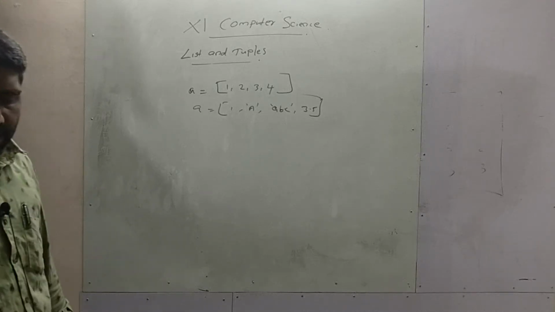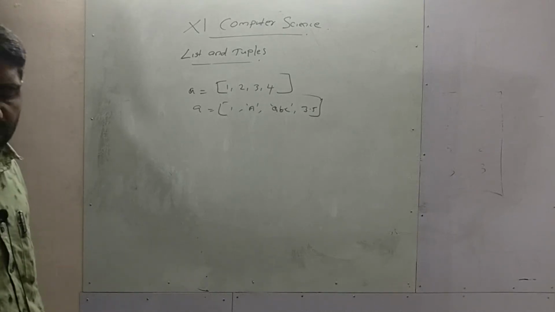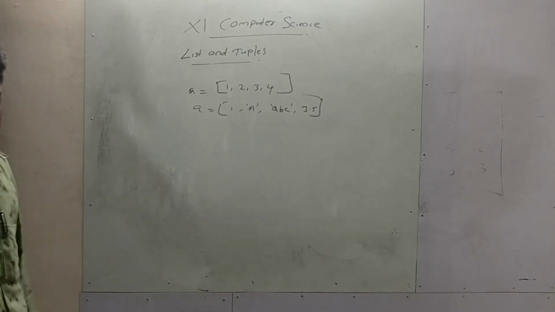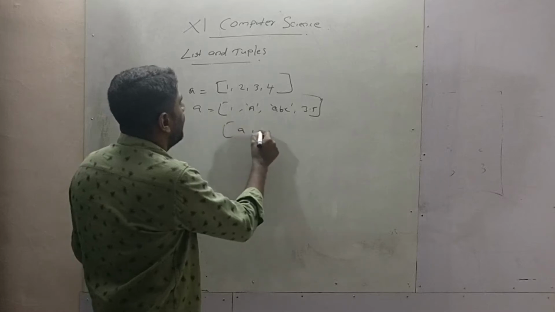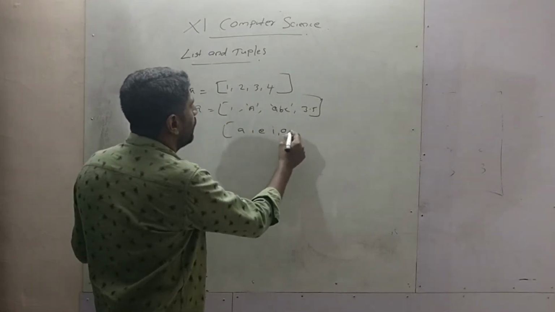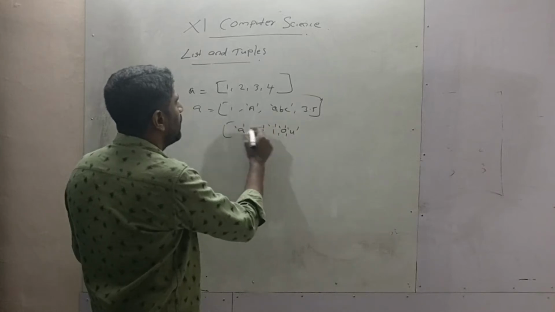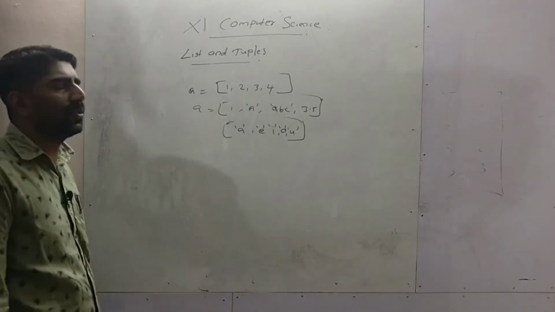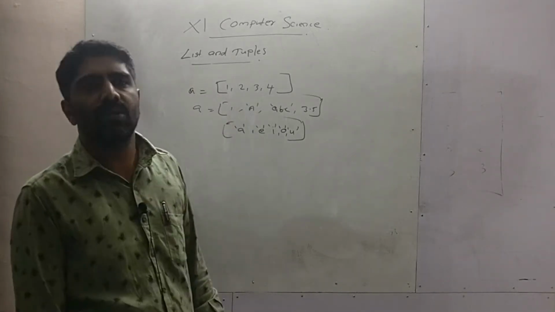Once again, a list in Python represents a list of comma separated values of any data type between square brackets. Another example: 'a', 'e', 'i', 'o', 'u', characters enclosed in single quotes. So this is also a list. All these are examples of lists.